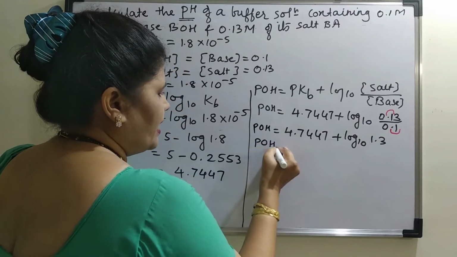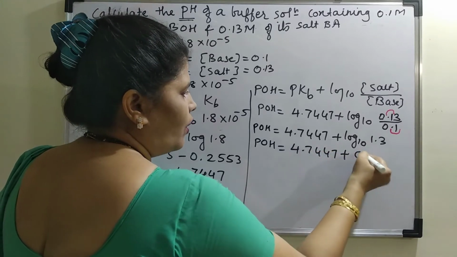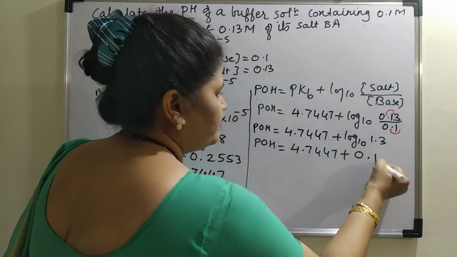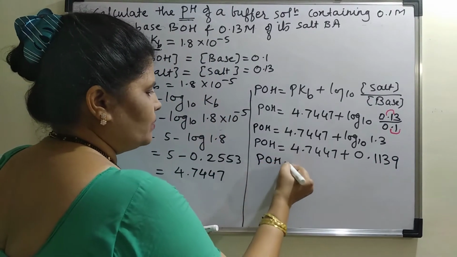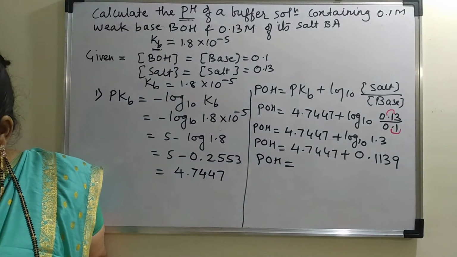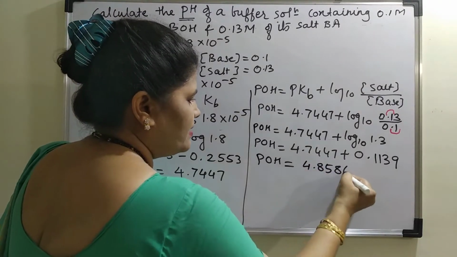So pOH is equal to 4.7447 plus log of 1.3, which is 0.1139. Right, students? So pOH is equal to, simply add the two values. What you get is 4.8586.